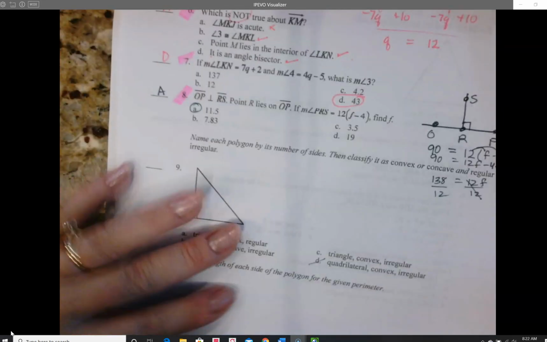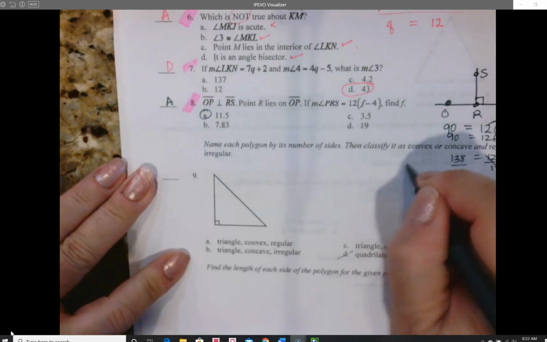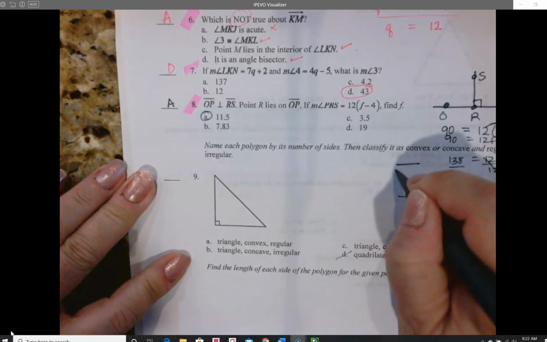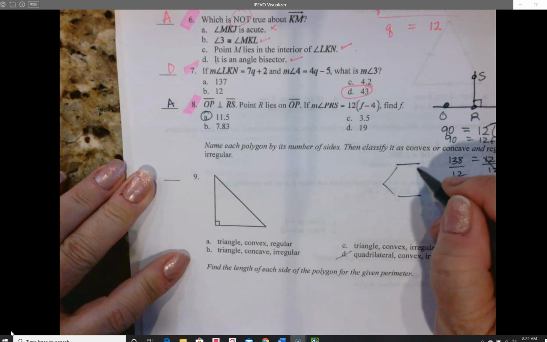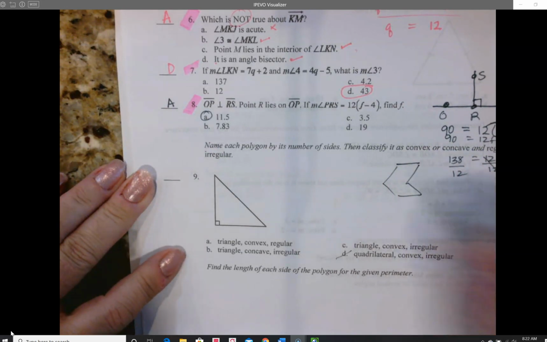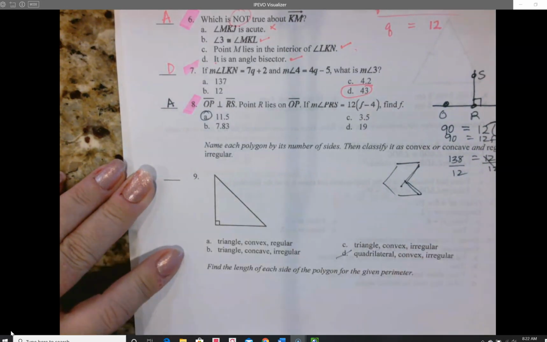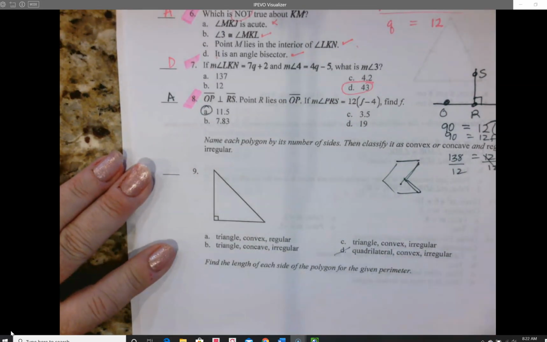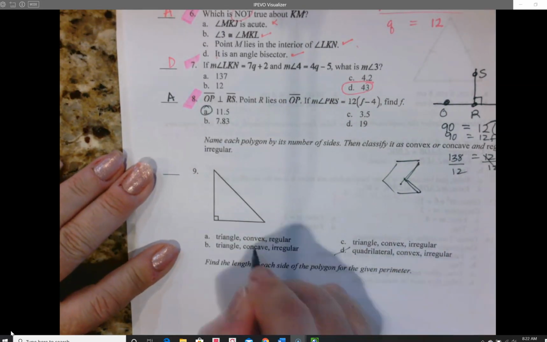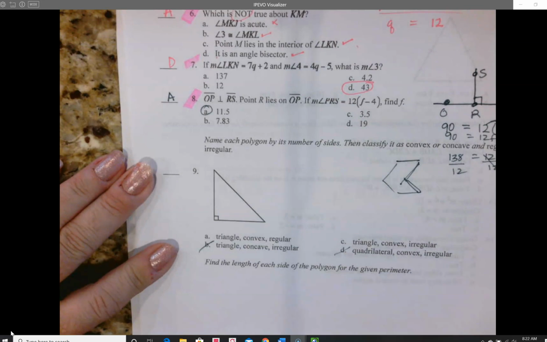I don't have any concave shapes, but if I was doing a concave hexagon, a hexagon has 6 sides, I would have one set of sides that are caved in to be concave. So this is definitely convex. So now I can get rid of choice B.